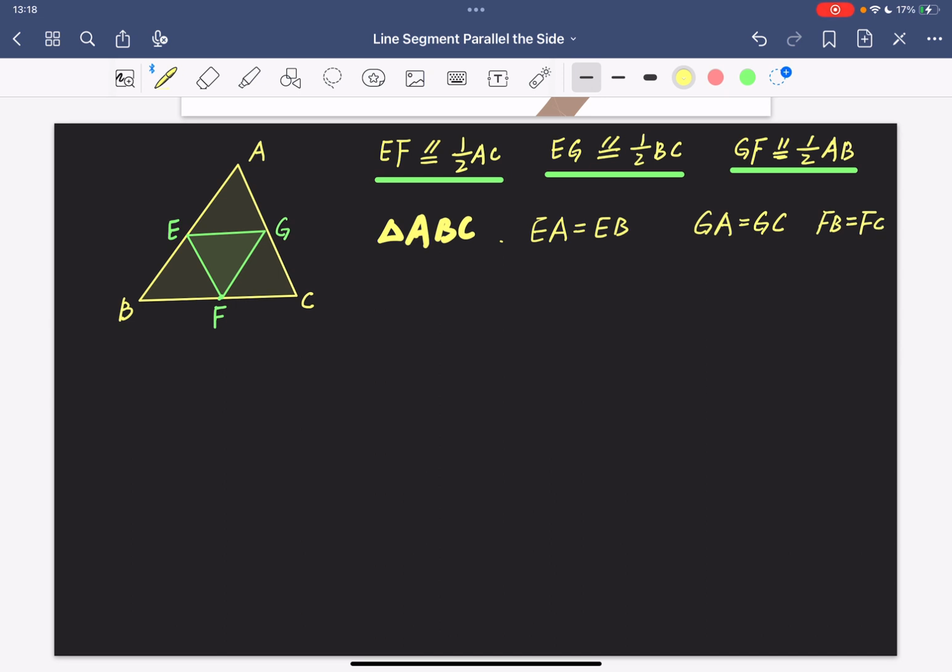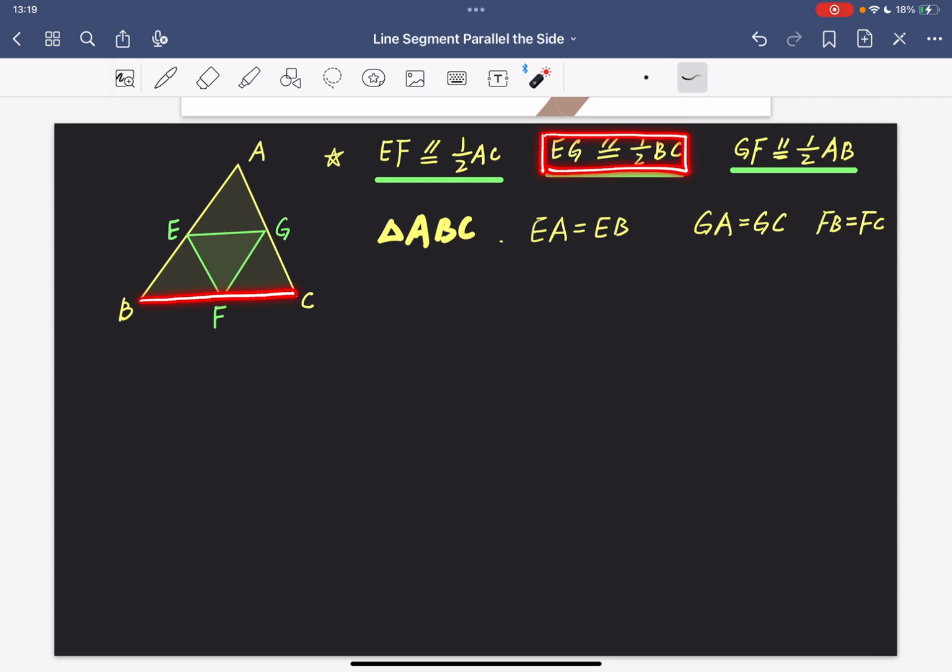Now we want to prove this conclusion, that is, line segment EG connecting the midpoints E and G is parallel to the side BC. Additionally, the length of EG is equal to half the length of side BC.